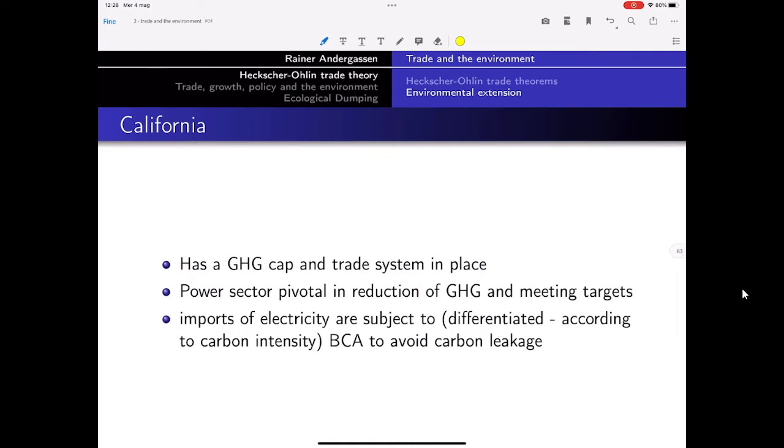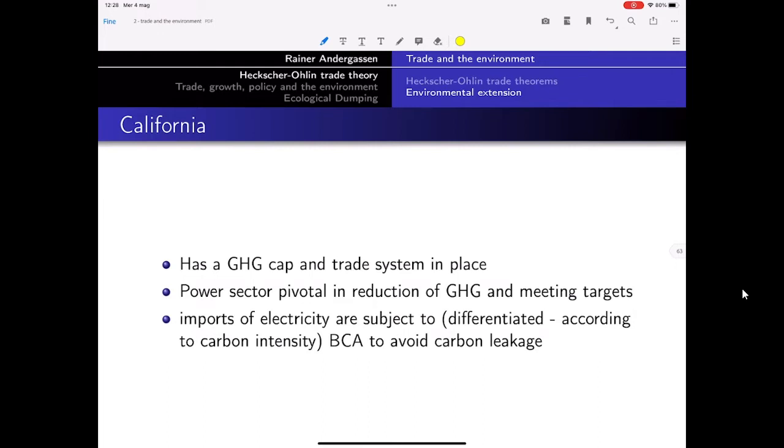And in particular, what is covered is the electricity sector. If you're interested in all the details and want to know a little more about California, this is a very short paper published in the American Economic Review Papers and Proceedings. It's just a couple of pages, and it's very informative about the system.